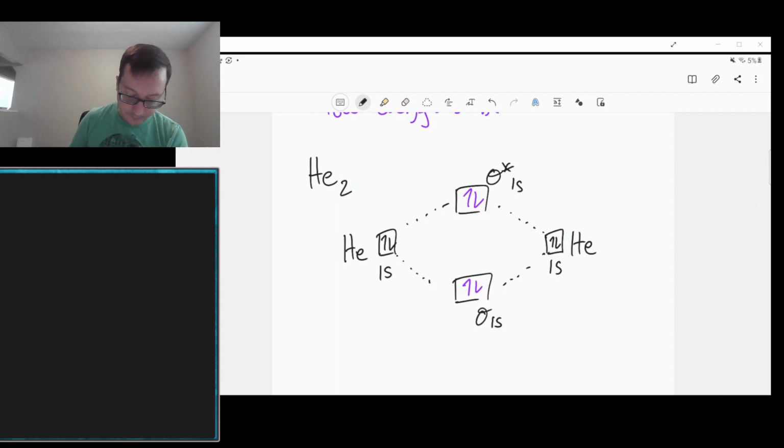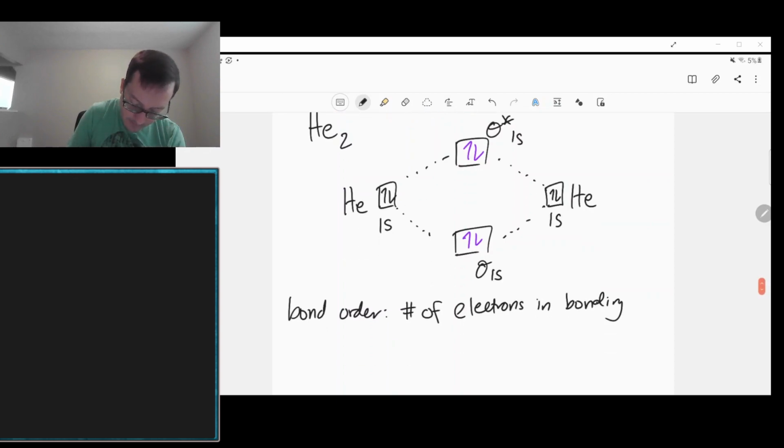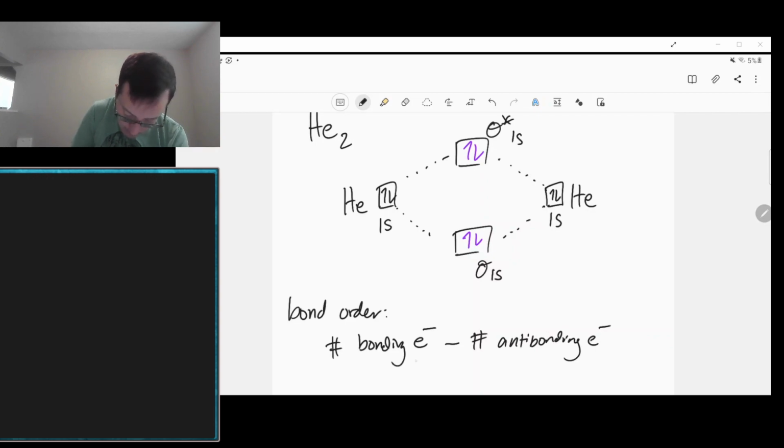We have something called the bond order, which is the number of electrons in bonding orbitals minus the number of electrons in antibonding orbitals, over 2.